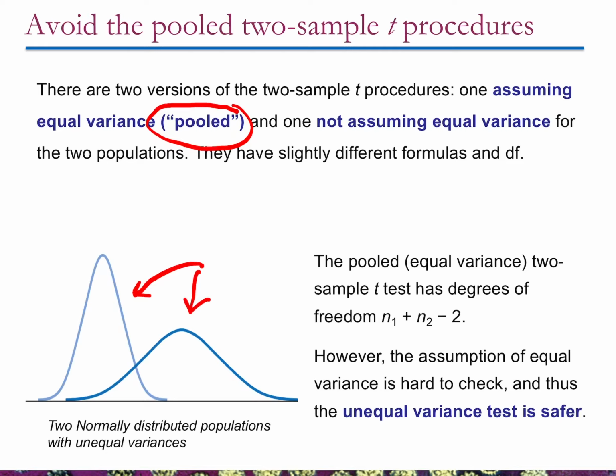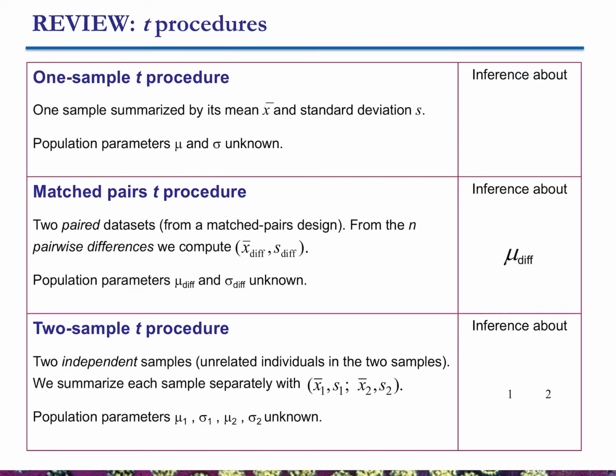In Minitab, you'll see that option in the test options when you go to do a t-test. And it's probably best just to not check the box for pooled variance, to leave it unchecked, in which case you are not assuming equal variances. That's probably the safe thing to do, okay? It's the more conservative approach. It should make your results a little bit more reliable.